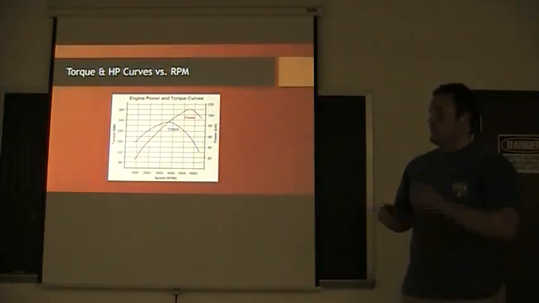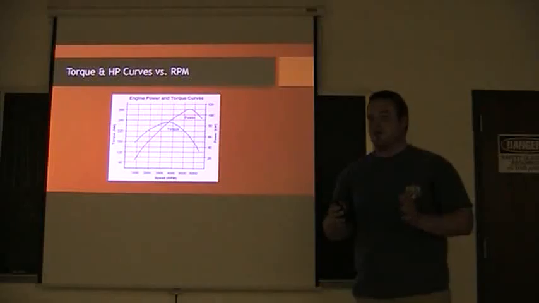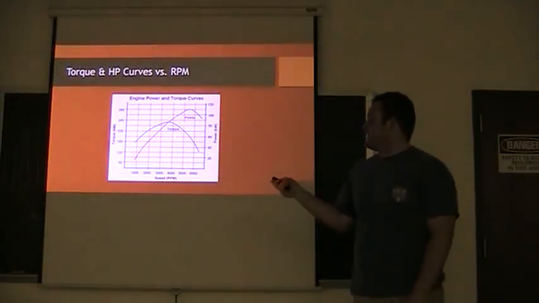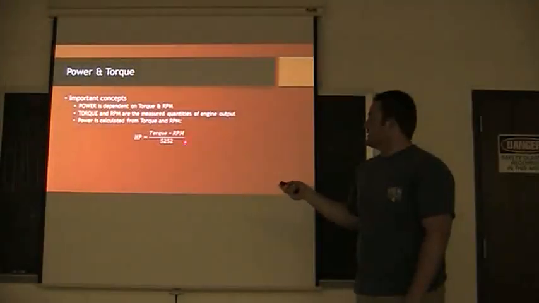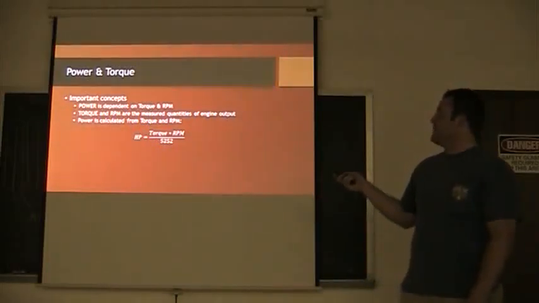When engineers design engines, they design them to operate at a certain torque or have a high efficiency at a certain torque, so that's why you have one peak here. It can vary depending on the design. And as you can see here, this power curve has a peak that's slightly higher. That's because in this equation right here, horsepower equals torque times RPM.